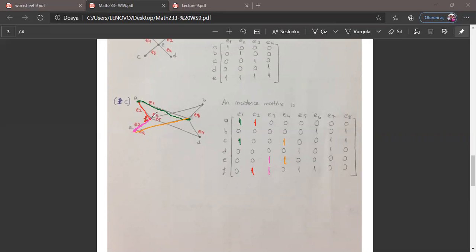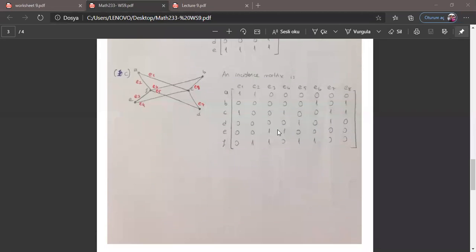Lastly, we write for E5, which connects F and D. Here we have F and D. Okay, we fill the remaining parts similarly. So here we have the incidence matrix of this graph.